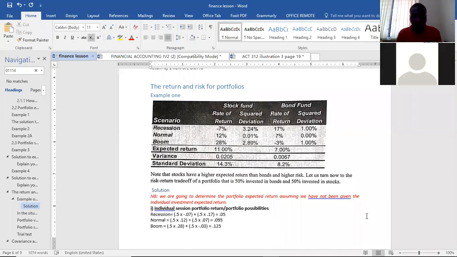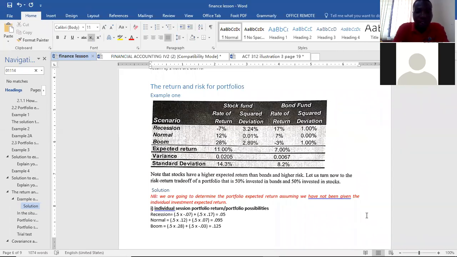So in our earlier lessons, we learned how to calculate the portfolio expected return, the portfolio standard deviation, the covariance, in that order. Now, I gave you certain clues that if you are going to calculate the covariance and you have been given the correlation coefficient, then you must calculate the covariance, where we use the two standard deviations.